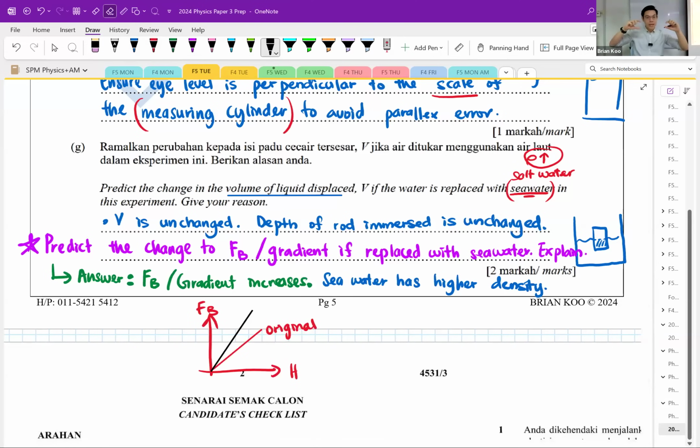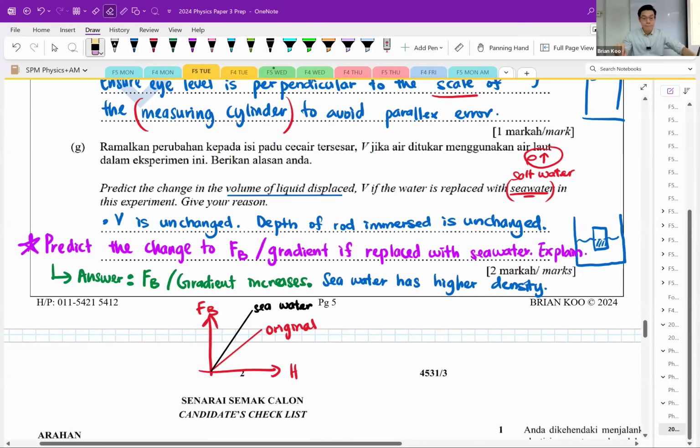You submerge all to the same depth, the depth all the same, but all of it will have a bigger buoyant force. This is for seawater. I hope you know the answer lies here. So V is fixed, g is fixed. You are submerging the same depth, but you increase the density, FB will increase.